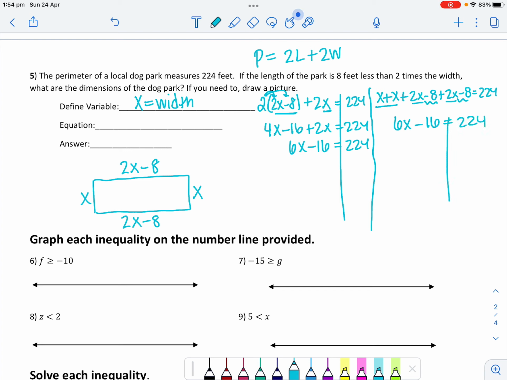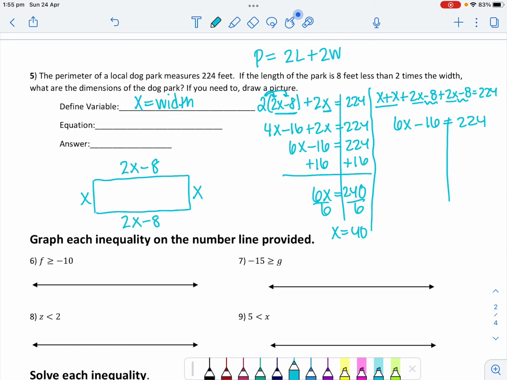It just depends on how you view perimeter, if you would rather use the formula or add up all the sides. Either way, I'm solving the same equation. So I'm going to add 16 to both sides. So 6X equals 240. And when I divide by 6, X equals 40.